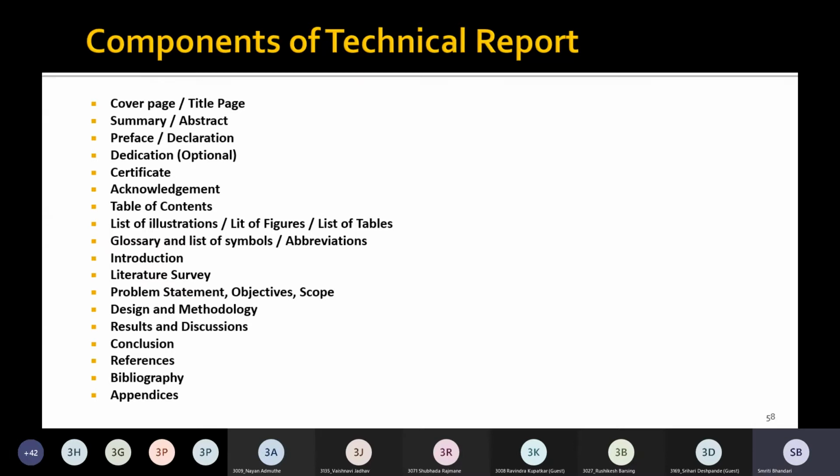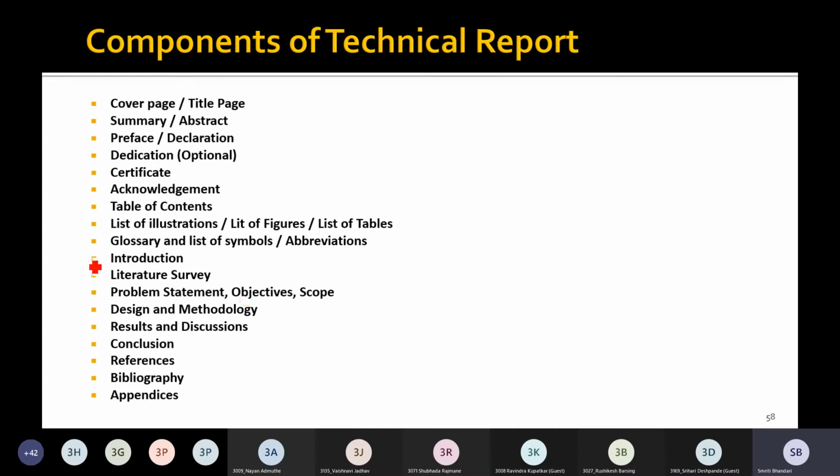Further, we'll have the acknowledgement page, then table of contents, list of figures, list of tables, glossary, or the abbreviations or acronyms.